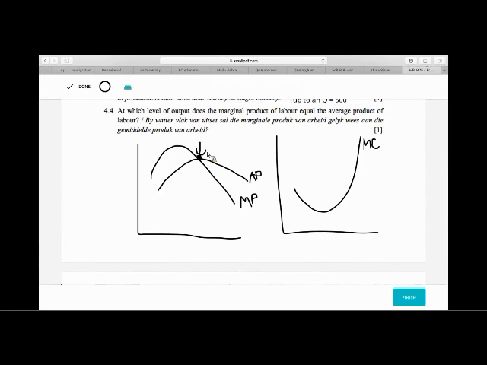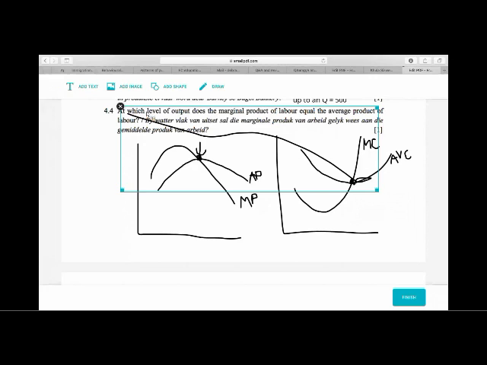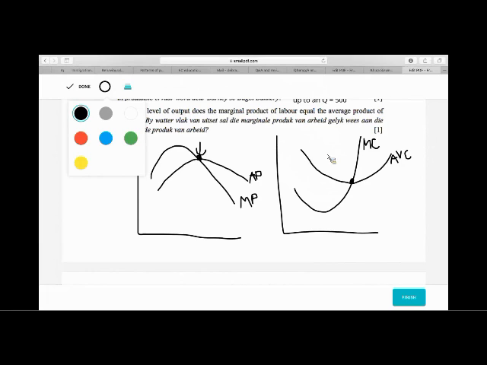Average product will be at a maximum when average variable cost is at a minimum. Okay, so average product is maxed when average variable cost is at a min. And the reason why, sorry, that is so messy. The reason why average variable cost is linked to average product goes back to the fact that the only way that you can produce more output in the short run is by employing more people.